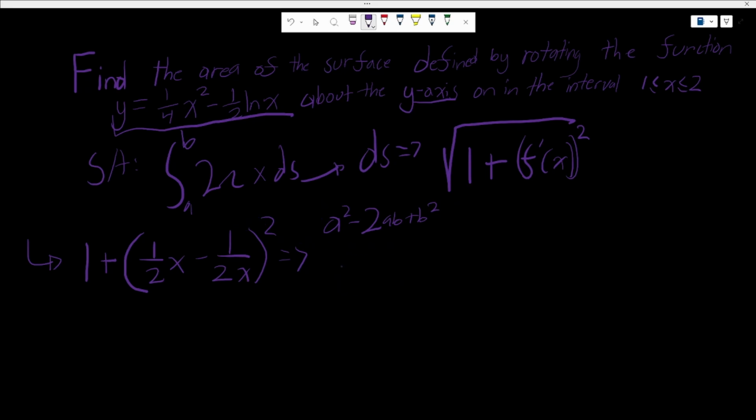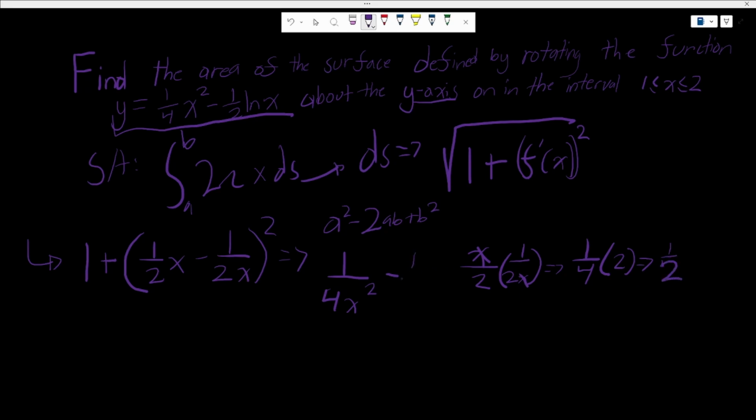So if we use that, we'll have (1/2 x)², which is just 1/4 x², minus 2 times a times b. So let's have a times b: x over 2 times 1/(2x). We can see that these x's will simplify, and we're left with 1/4, but times 2 is just going to leave us with 1/2.